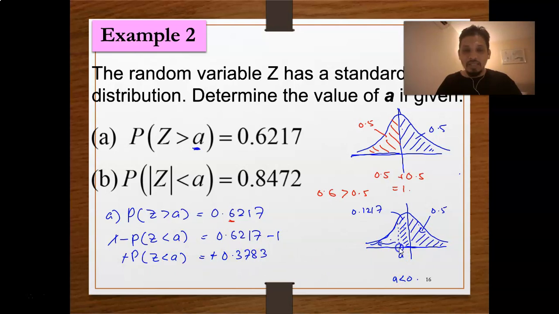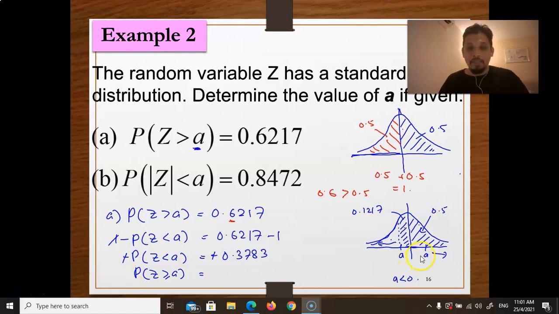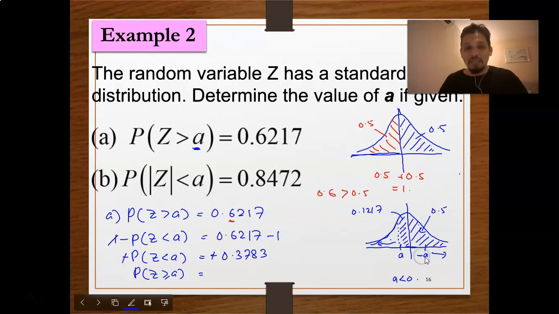We imagine that we bring this A to the other side, and we find that the area here equals the probability of Z greater than or equal to A. Even though this A is negative, because we bring it to the other side, we need to label it as negative A. So the probability of Z greater than or equal to negative A.